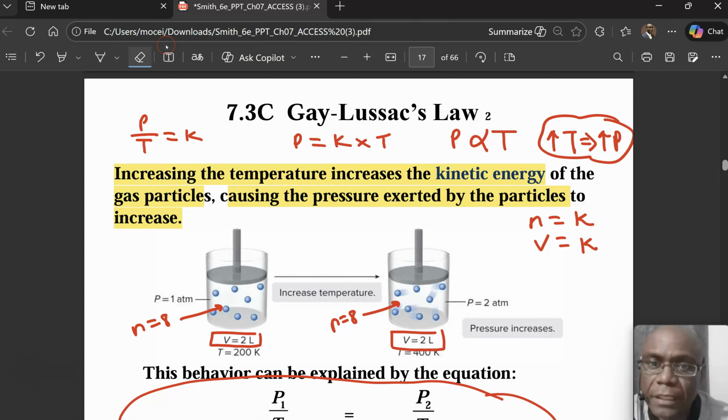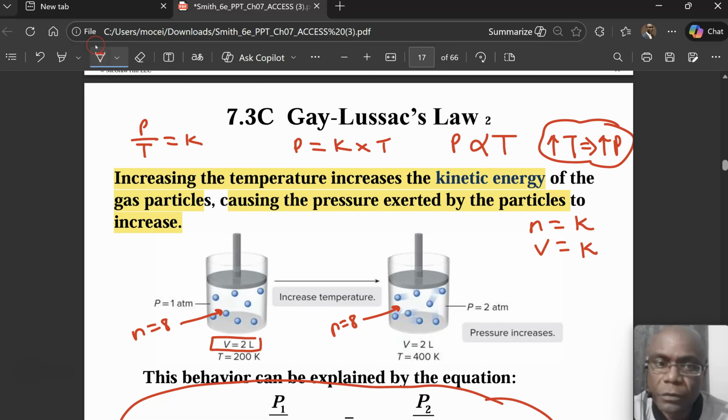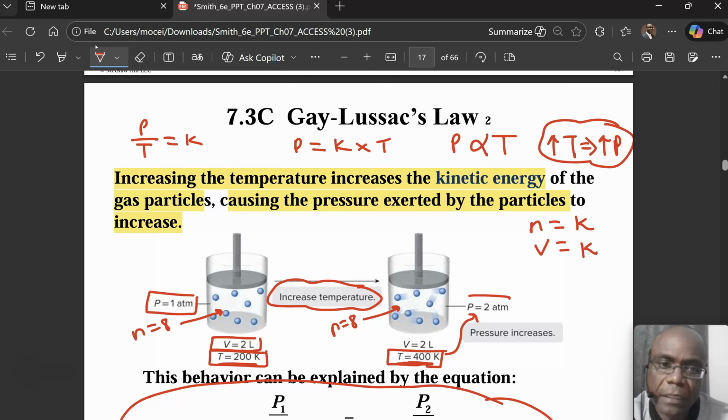What we are changing here is the temperature that in turn affects the pressure. So you can see the temperature starts off at 200 and they increased the temperature to 400. We started off with 1 atm at 200 kelvins. Adjusting the temperature to 400, the pressure went up to 2 atmospheres.